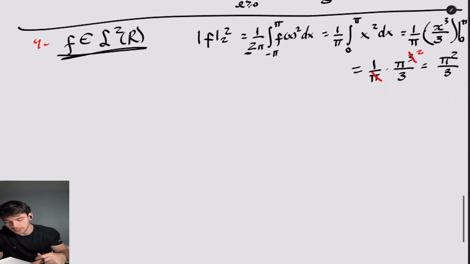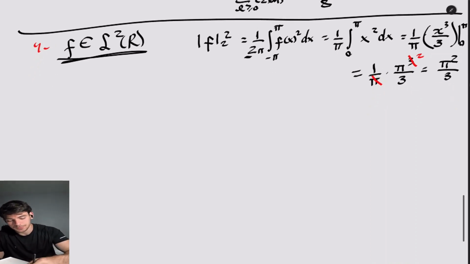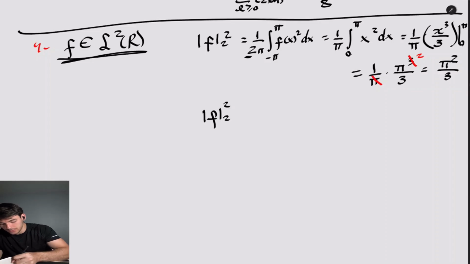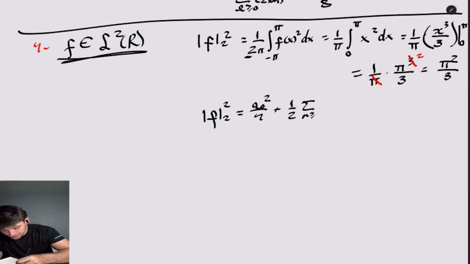Once you've calculated your 2 norm of your function, you're gonna substitute on this other formula here that says that the 2 norm of your function squared equals a0 squared divided by 4 plus 1 divided by 2, the sum of an squared plus bn squared. So our bn is 0, so this is 0.